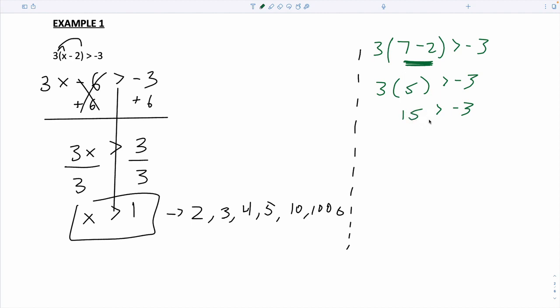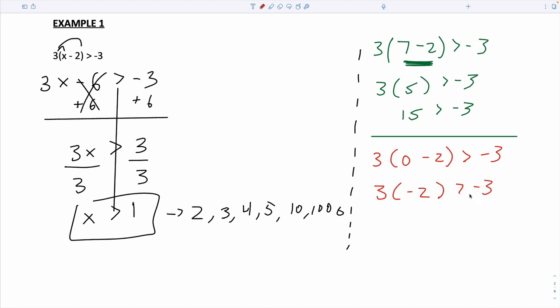Same thing. Let's take a look at one that doesn't work. Let's take a number that's 1 or less than 1. Let's use 0. 3 times 0 minus 2. If this is less than 1, or 1 exactly, it should not work. 3 times negative 2 is negative 6.